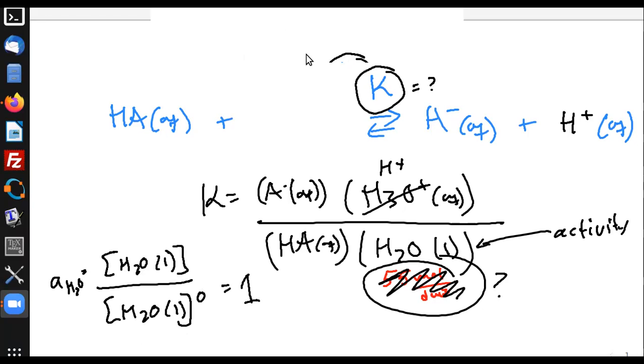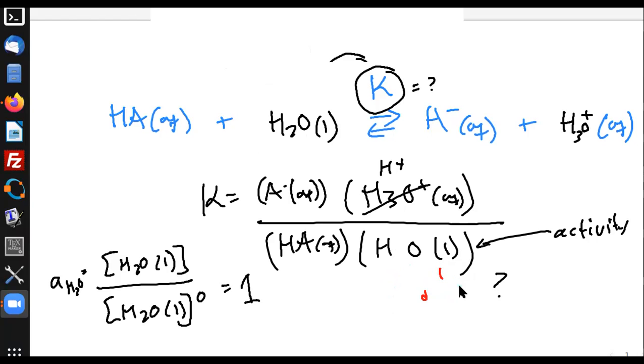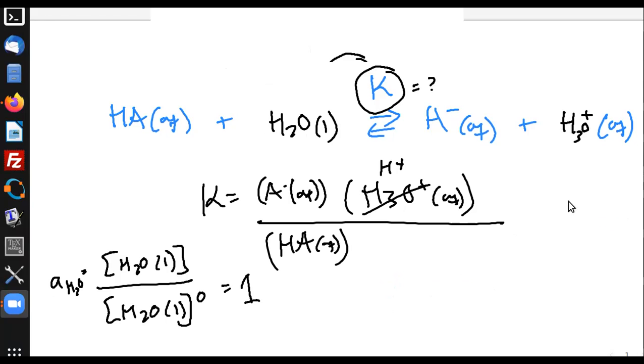So whenever water or solvents occur in equilibrium expressions, if we put water, then we should have an oxonium ion here. Then, of course, it's not wrong to write up the water, but actually the value here, as long as we use activities, is a unit.